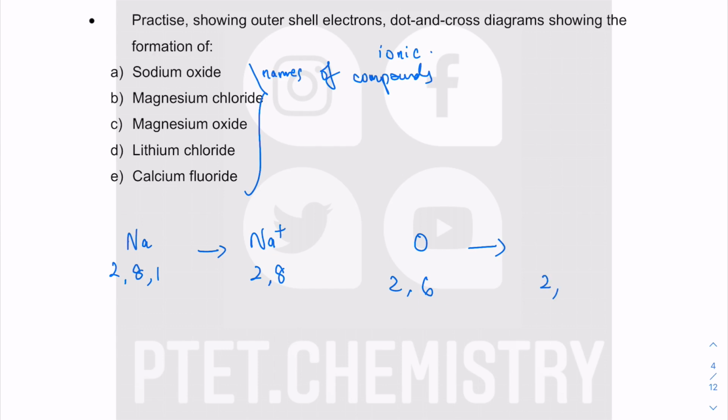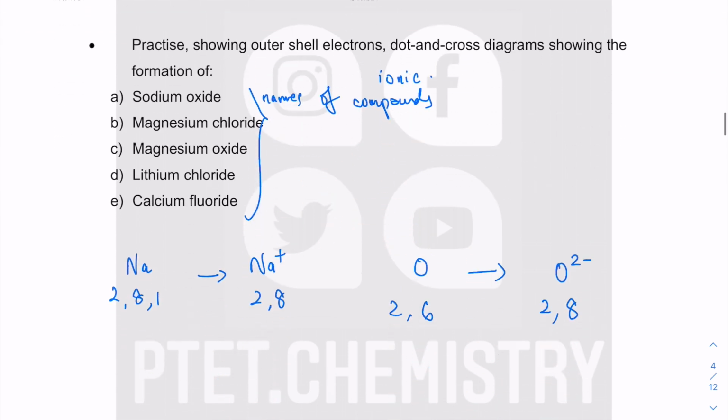Gain 2 electrons, therefore you will get O 2 minus. When you gain 2 electrons, your atom has equal numbers of protons and electrons, so you have 2 extra electrons than protons, and you have a 2,8 electronic configuration, the same as neon, a fully filled outer shell.